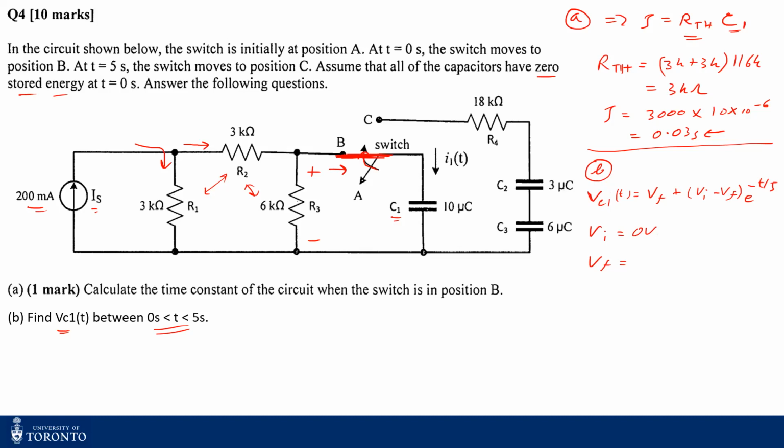By current divider, you can find your VF to be R3 times the current going through R3, which is 3 kilo ohms divided by 3K plus 9K times 200 milliamps. Once you plug in all the values, you're going to find your VF to be 300 volts. All right.